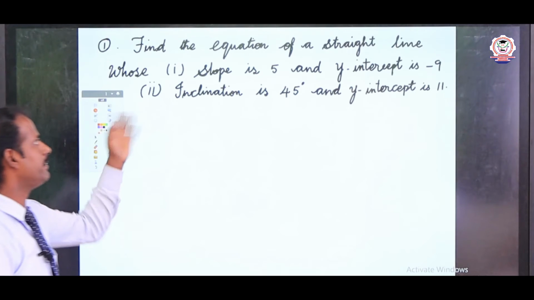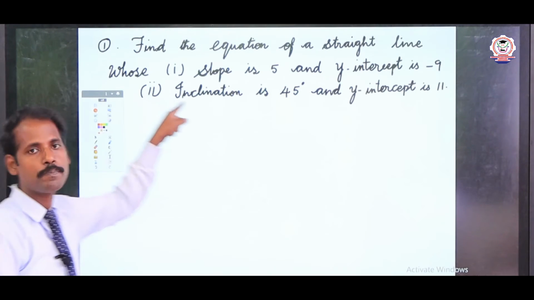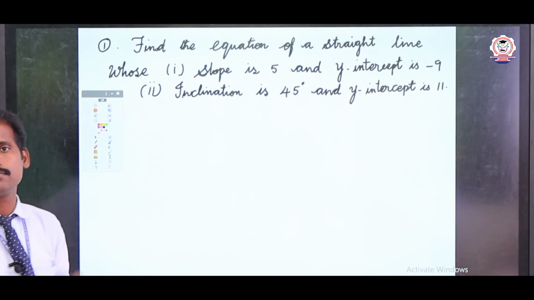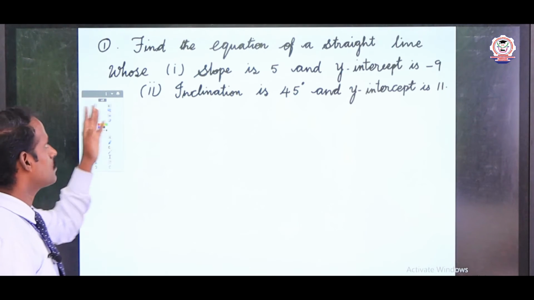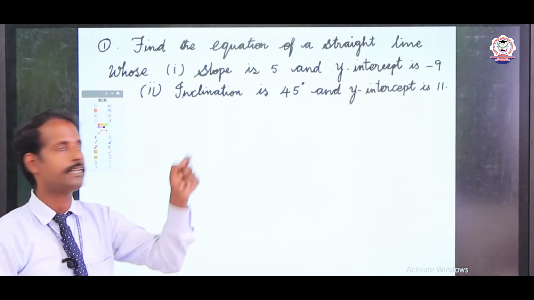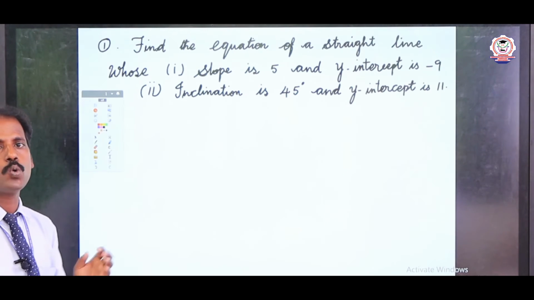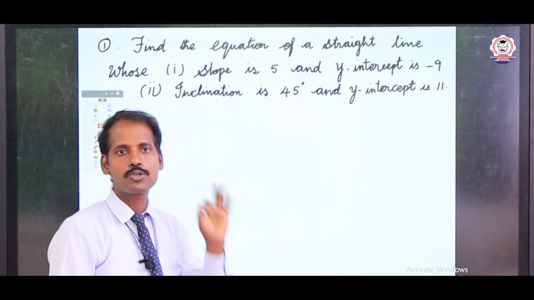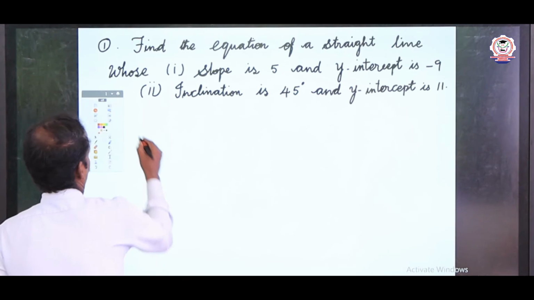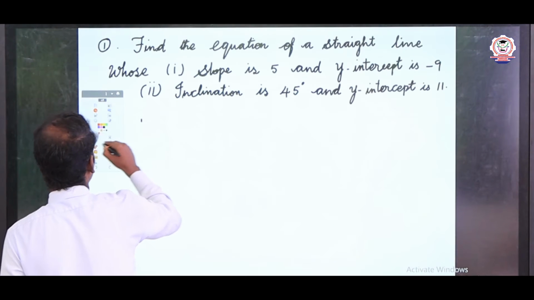The first sum: find the equation of the straight line whose slope is 5 and y-intercept is -9. So what are the given values? Slope is 5 and y-intercept is -9.